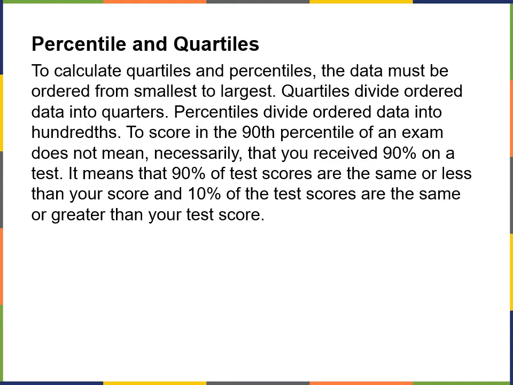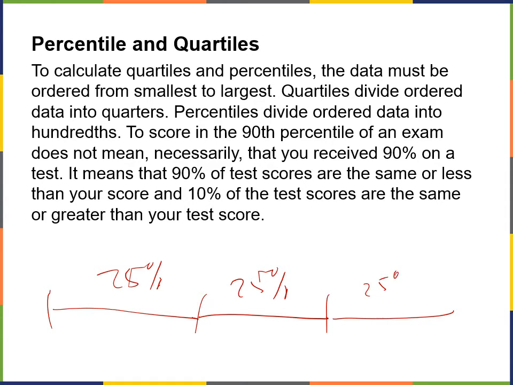The best way you typically see this done is with percentiles and quartiles, and percentiles probably more so than quartiles. Once you get percentiles down, quartiles is just another version of that. It's basically how you divvy up your data. Quartiles divvy your data up into 4 separate groups, quarters. So 25% of your data falls in the first group, 25% falls into the next group, 25% into the next group, and finally another 25%.